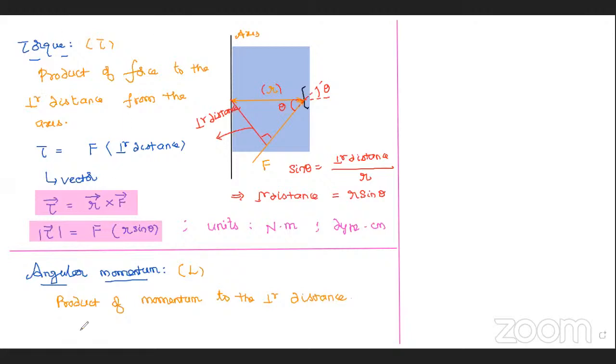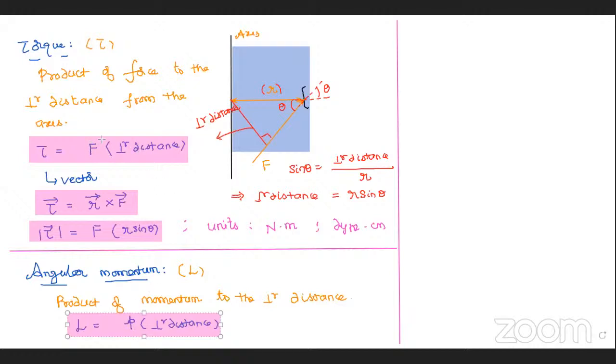Okay, come to the formula. Angular momentum L is equal to linear momentum P into the perpendicular distance. Exactly identical, similar to the torque formula, sir. Yes. Oh, I understood one thing, sir.